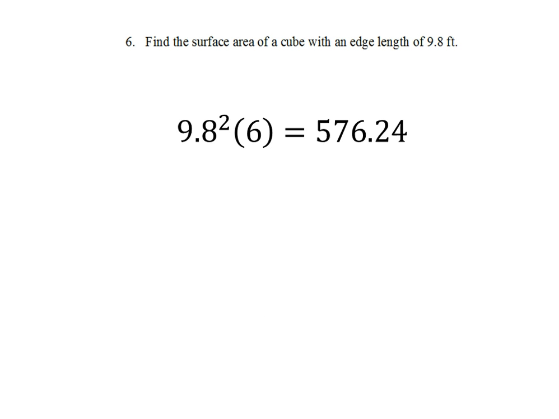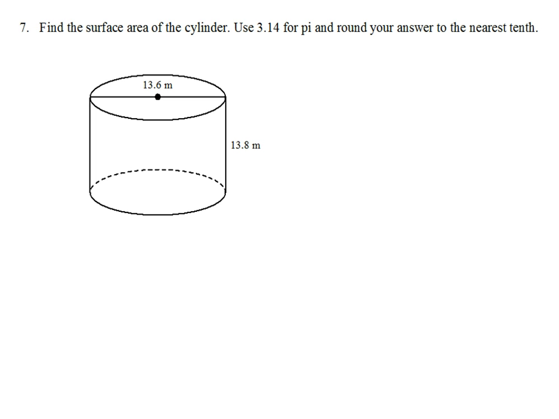So to find the area, we're going to do 9.8 squared, because all of those side lengths have a length of 9.8. 9.8 squared tells us the area of one of the squares, but there are 6 of them because it's a cube. So we multiply that value by 6, and we find that the surface area is 576.24.